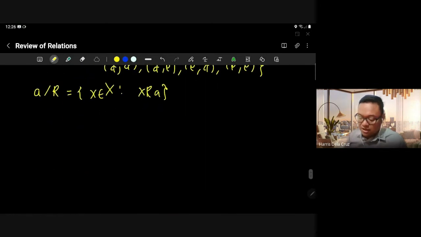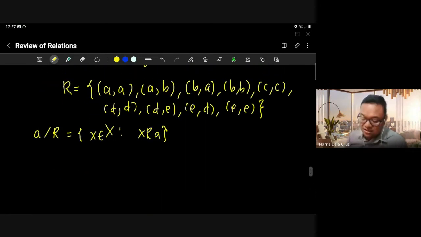Okay. So, what are the elements that belong to the same set as A?